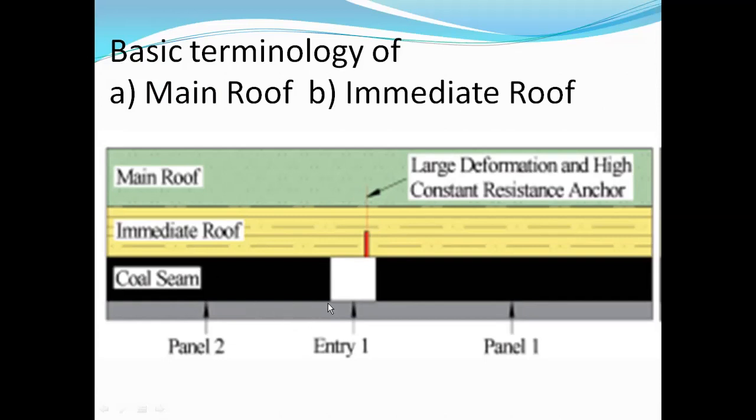The stresses acting on this opening mainly depend on the different characteristics of the overlying strata, the depth at which the deposit is present, the thickness of the deposit, the method of extraction, the rate at which we are extracting the mineral, and the kind of support system that we will be using. These are the various factors that influence effective strata control.